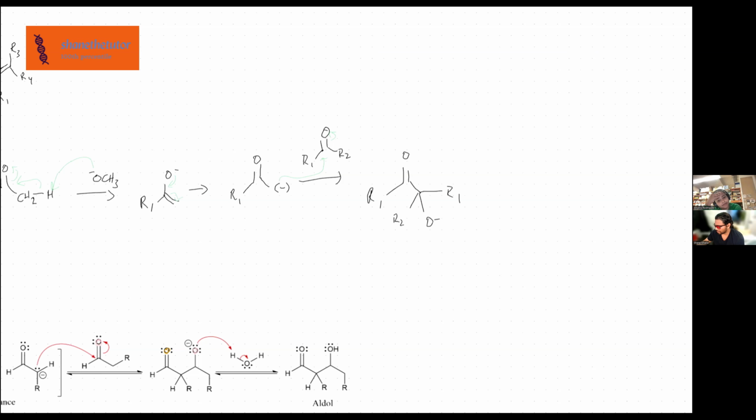Right? And then you get, oh, and this is the, what did I call it? Beta keto ester, something like that. But I'll just move on to the next step. So then it will act as a base.